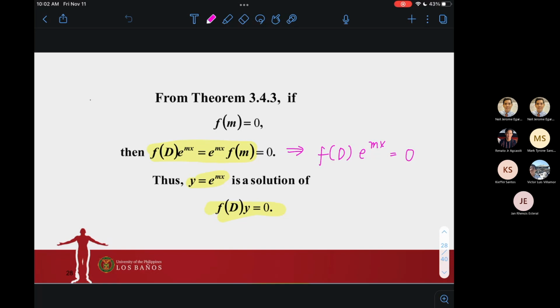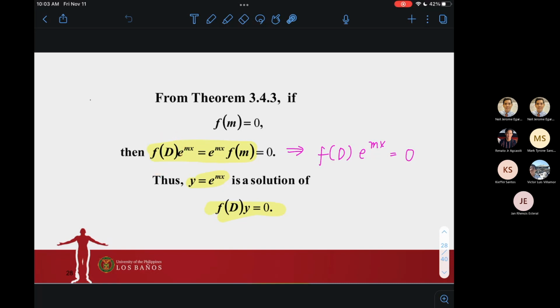Essentially, last time we talked about several theorems involving the general linear differential operator with constant coefficients, yung f of D natin. In particular, little f is just a polynomial.